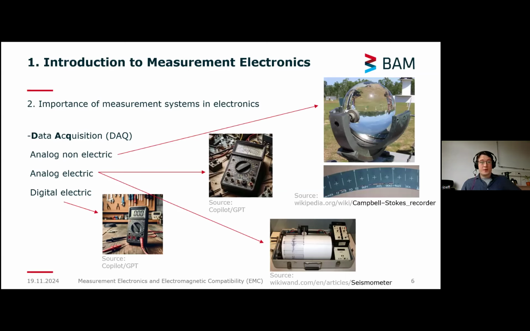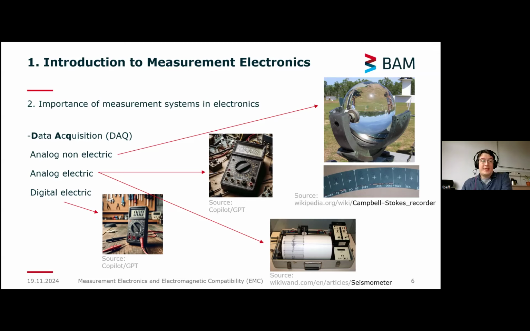For the data acquisition systems, I included one analog non-electric data acquisition system, which would be the Campbell-Stokes recorder on the top right, which burns the sunlight onto a piece of cardboard, which is absolutely non-electric, but it's still a data acquisition system.